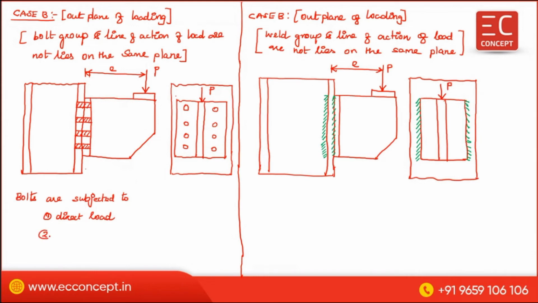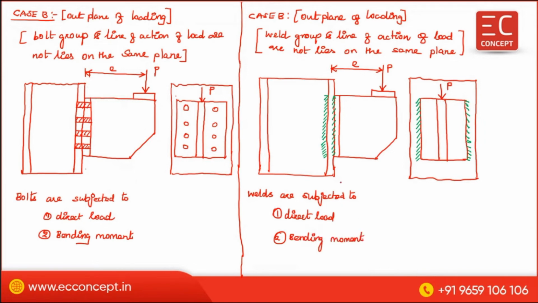Second one is bending moment, but not twisting moment, right? Therefore here bending moment. Similarly, here welds are subjected to, one, direct load. Second one bending moment.